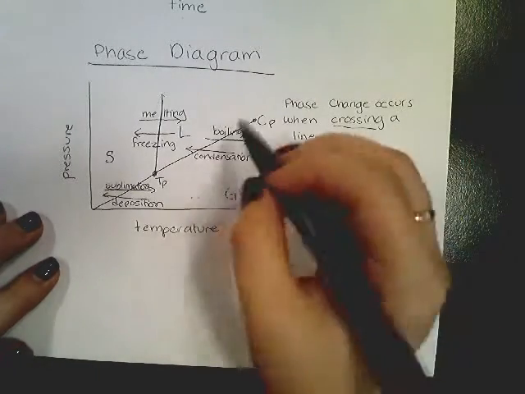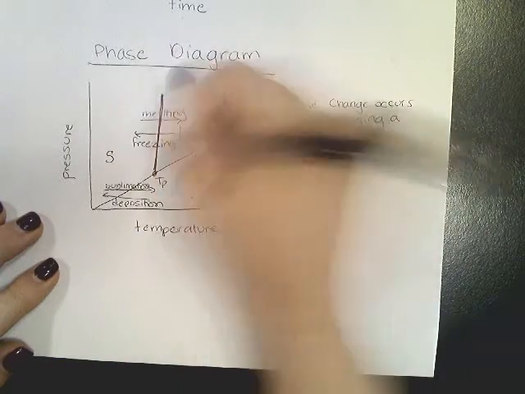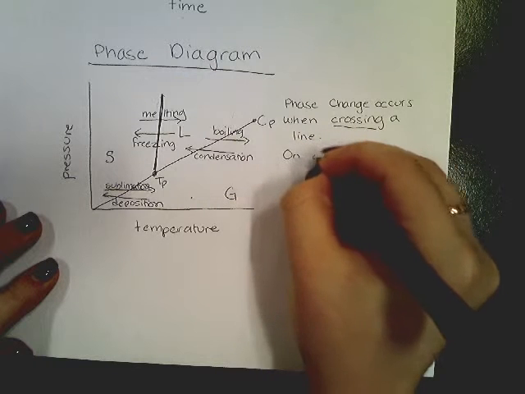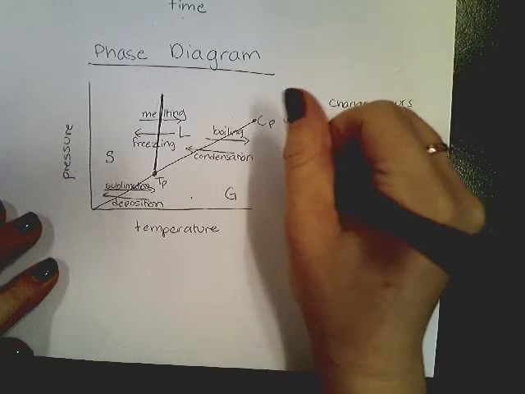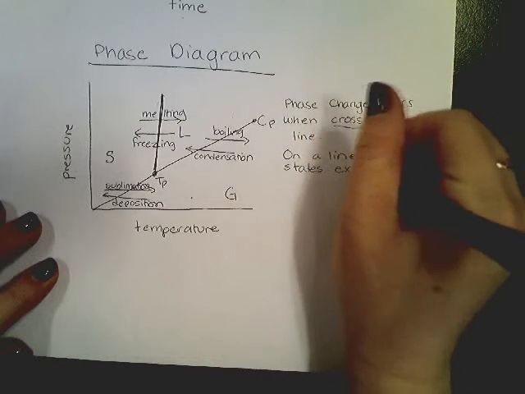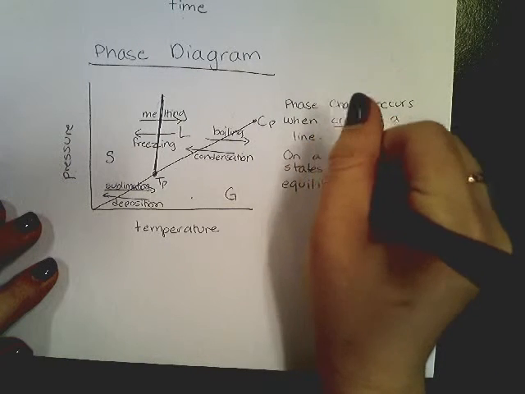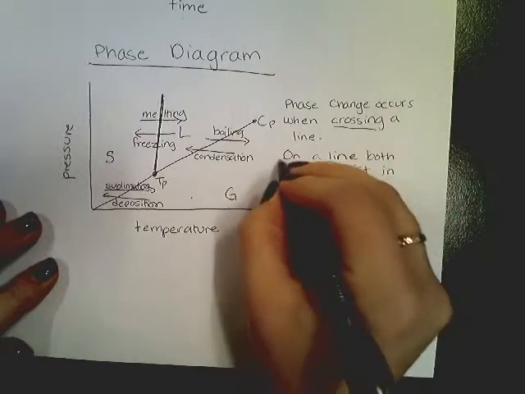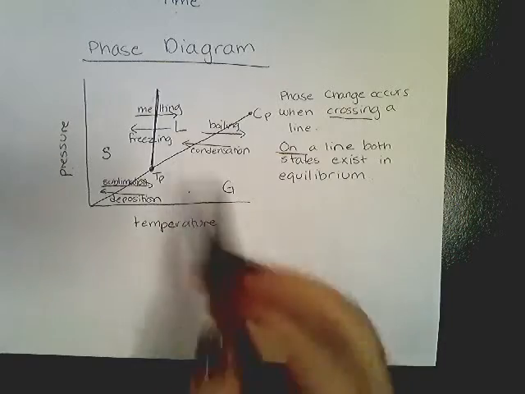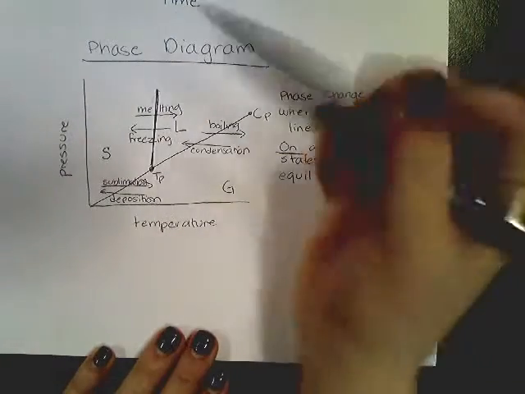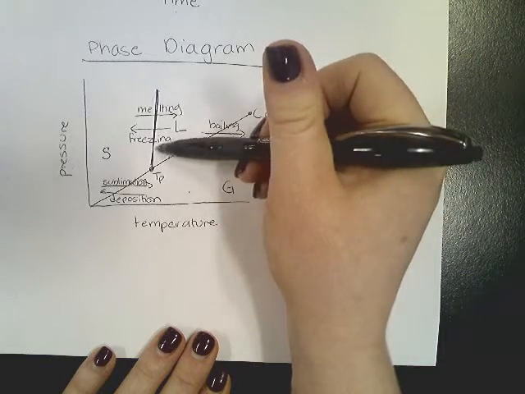Now, if I am on a line, such as this line between a solid and a liquid, if you are on a line, both states exist in equilibrium. So on a line, we exist in equilibrium, meaning I can see both states, and I'm going to see it half the time as a liquid and the other half the time as a solid.